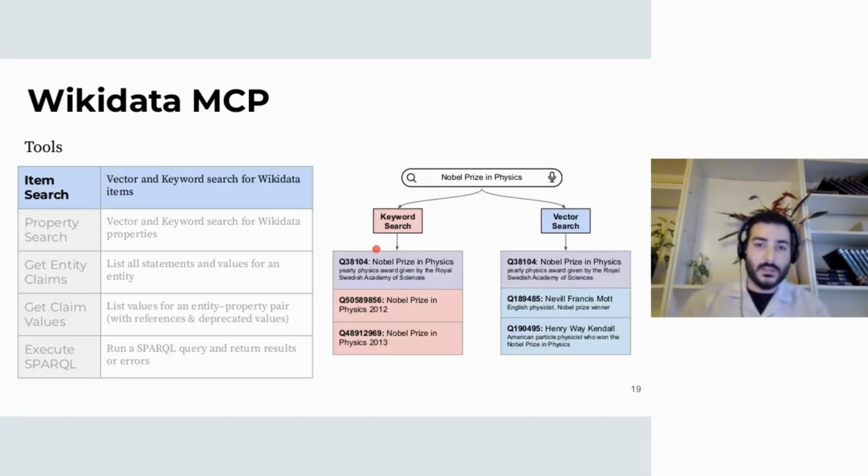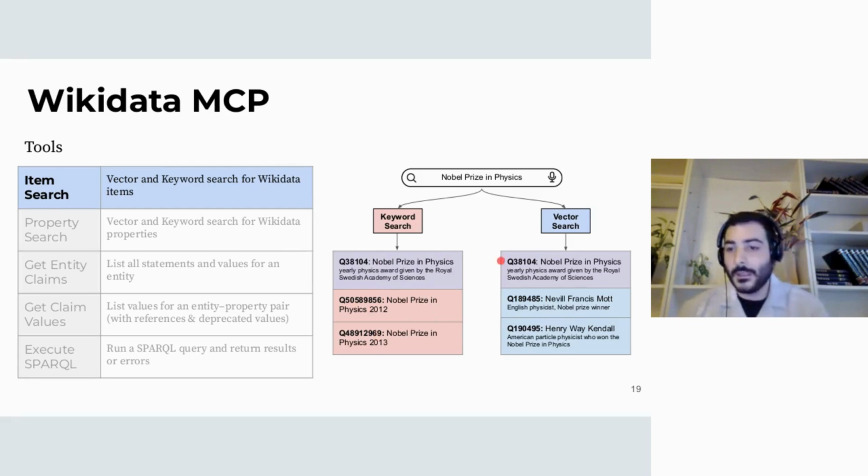Here is a list of tools that are supported by the Wikidata MCP. First, we have item search, which combines keyword search with vector search to provide the AI model with Wikidata items. For example, if we search for Nobel Prize in Physics, keyword search gives you exactly what you're looking for and may also provide items that have similar labels.